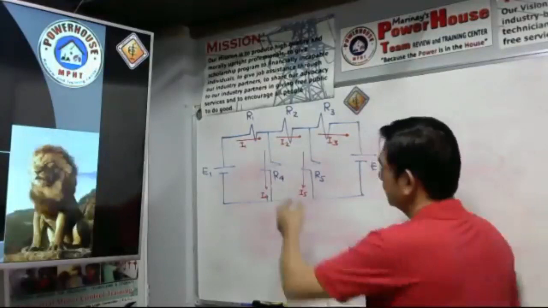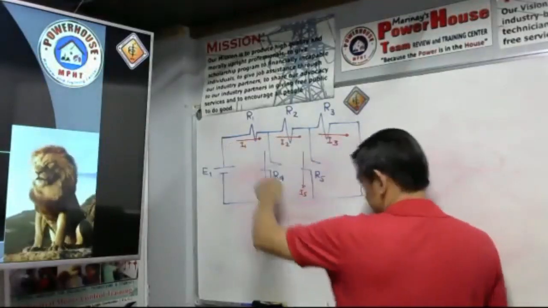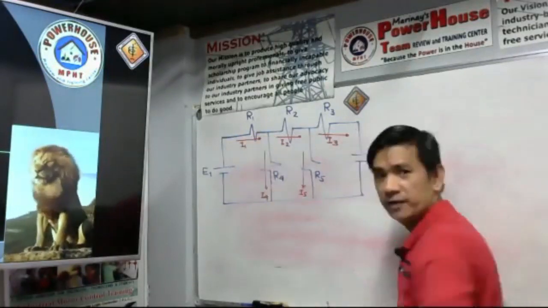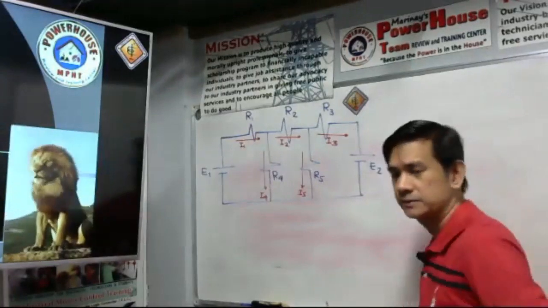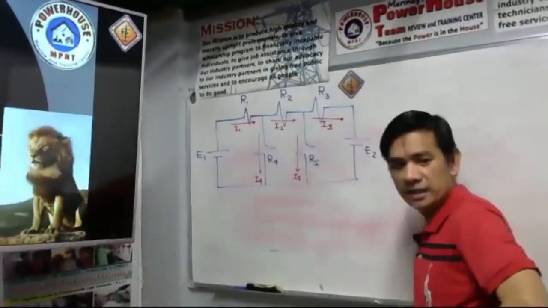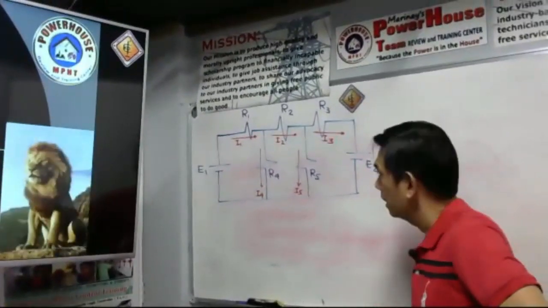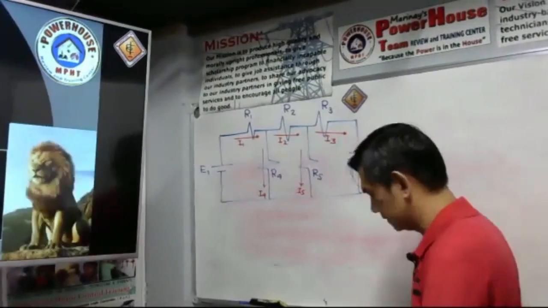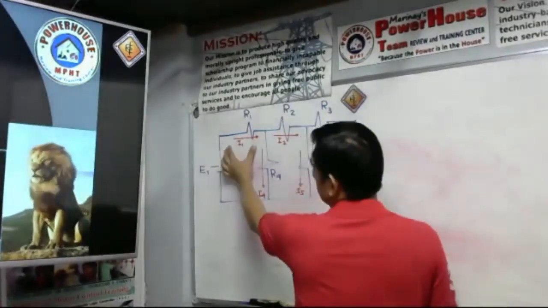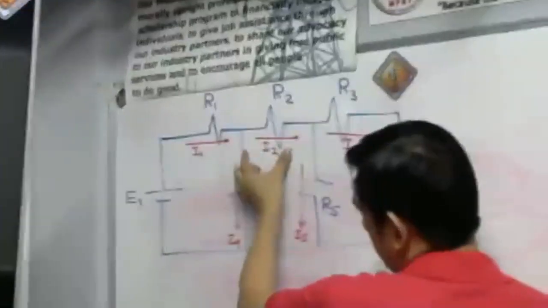Let's say we have here our I1, I2, I3, then I4 and I5.